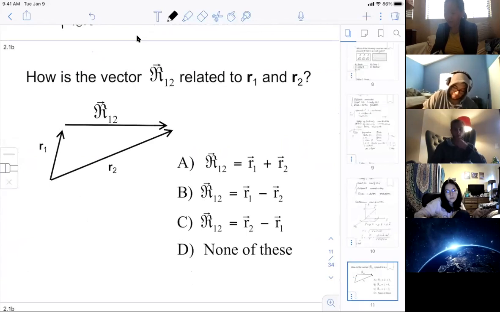I will have you guys vote on this one. I don't think we need to go to the breakout rooms, but I will just let you vote. If you want to talk to people, feel free to use the chat window if you like.